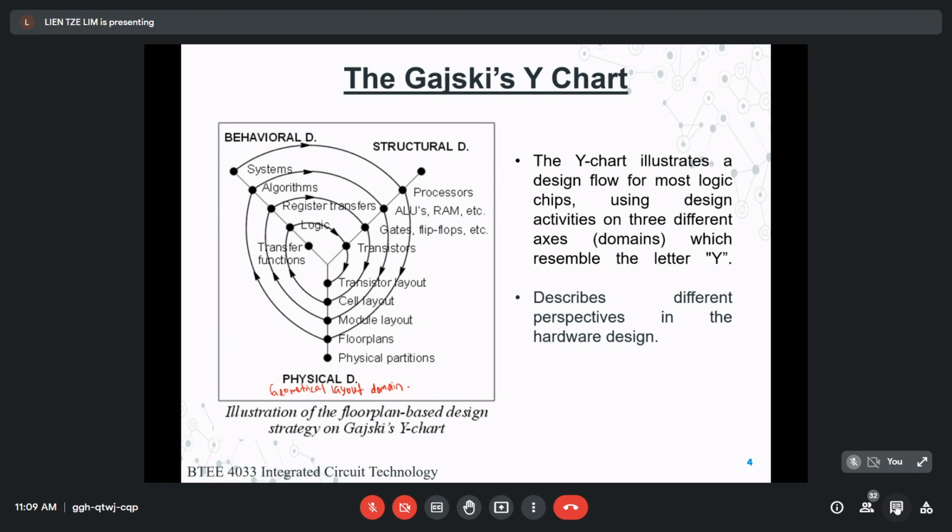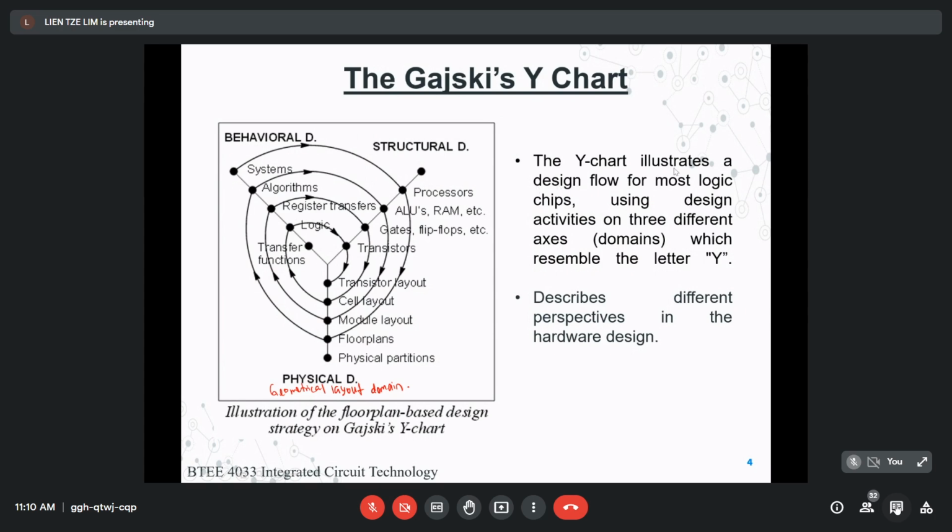They have the same meaning. Why is this called a Y chart? It is because you see the chart here, it is in a Y shape, so we usually call it the Y chart.